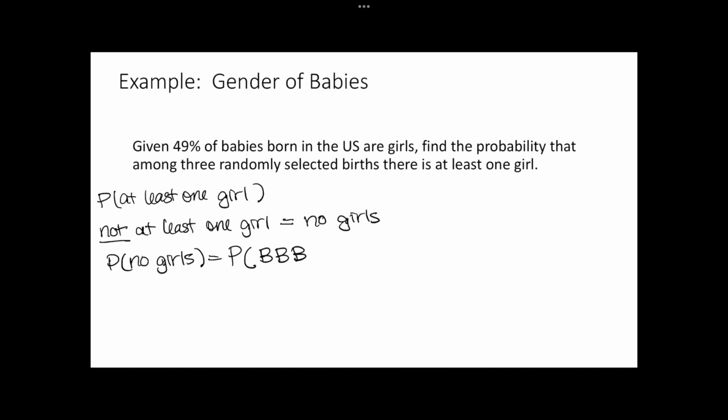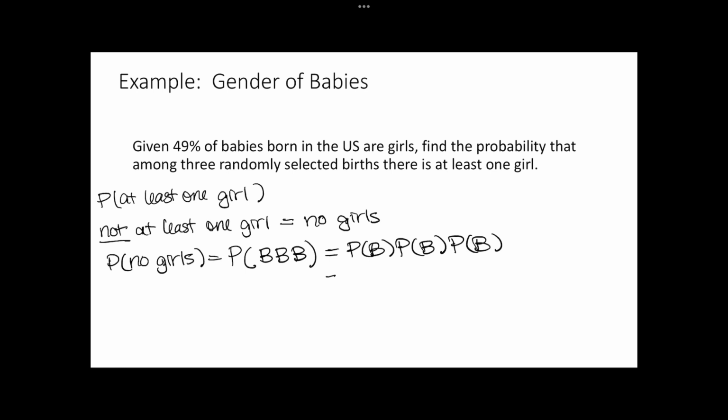BBB for boy, boy, boy. Okay, so that we choose boy, boy, boy. Now on each random selection of a birth, it doesn't matter what happened previously, so these are independent. So this probability is the same as the probability of getting a boy times the probability of getting a boy times the probability of getting a boy.